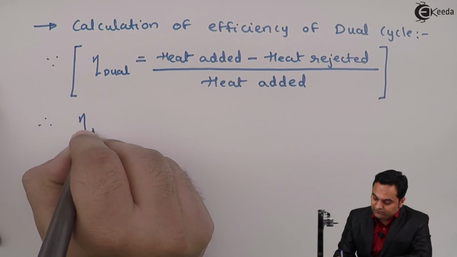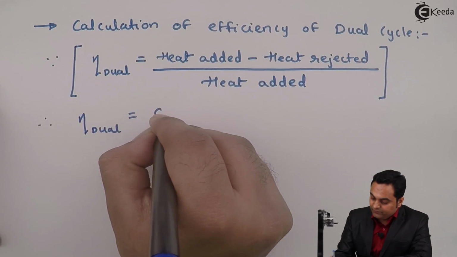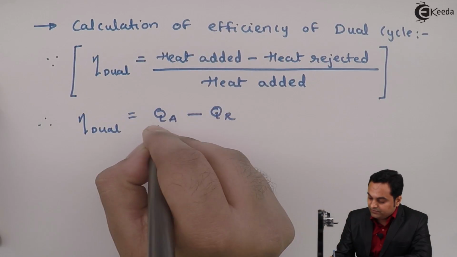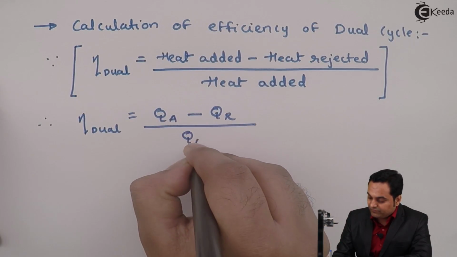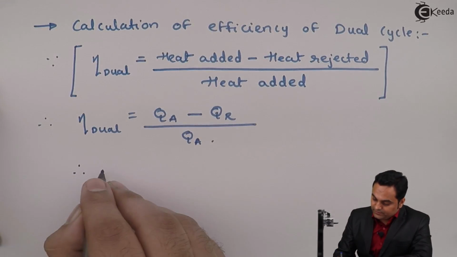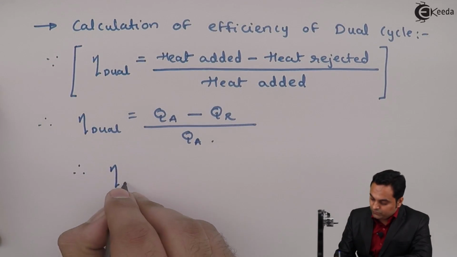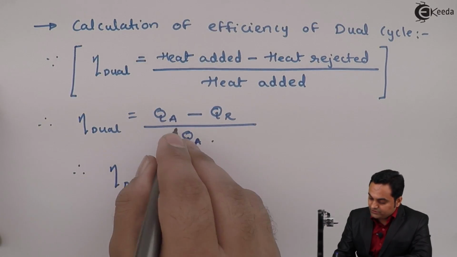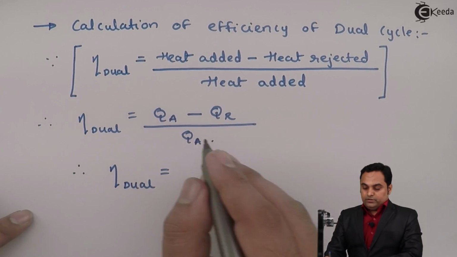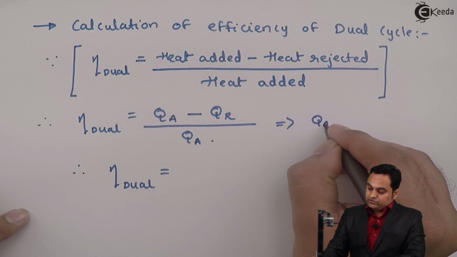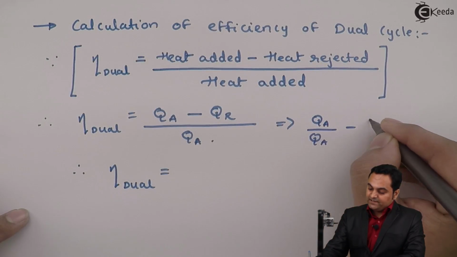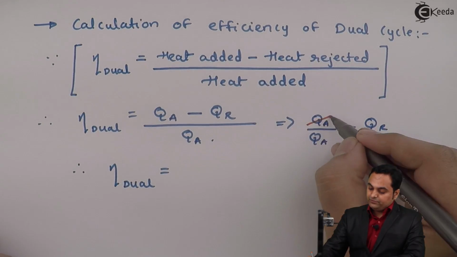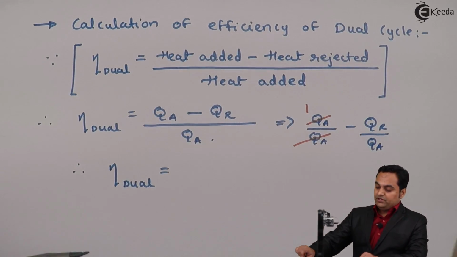Also, the efficiency of dual cycle, heat added will be Q suffix A minus heat rejected Q suffix R, divided by heat added Q suffix A. So finally, the efficiency of dual cycle will be Q suffix A upon Q suffix A minus Q suffix R upon Q suffix A. So from numerator and denominator, QA will get cancelled and 1 remains.